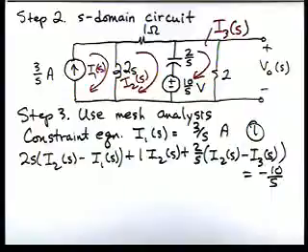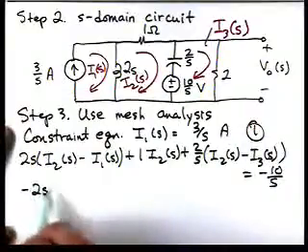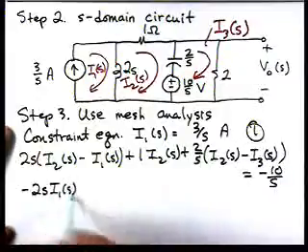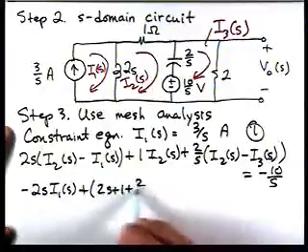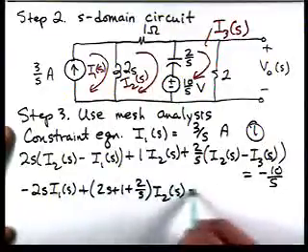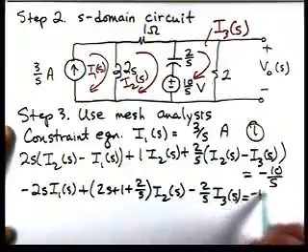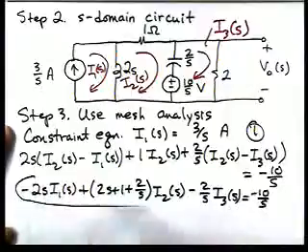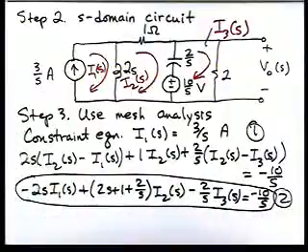Now let's rearrange that and simplify it some. So we have minus 2s I1(s) plus (2s plus 1 plus 2 over s) I2 minus 2 over s I3 is equal to minus 10 over s. Okay, so there's our second equation.